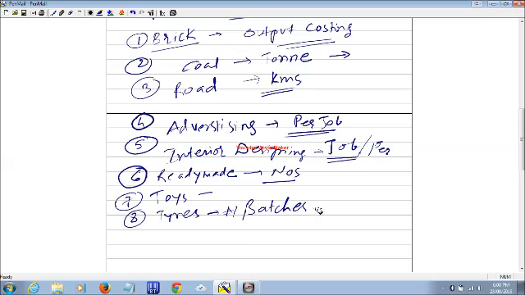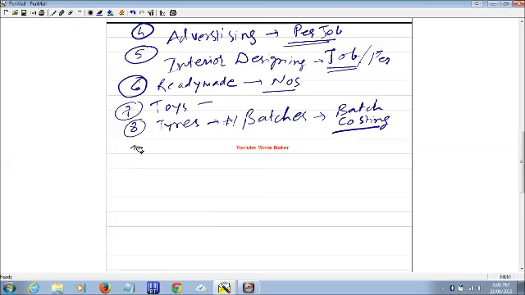We can have the tires industry also, where, for example, MRF, TVS, these tires are made in batches. So this is a batch costing, and the batch costing sheet is prepared for this. Then we can have the pharmaceuticals industry, where we can measure in strips.